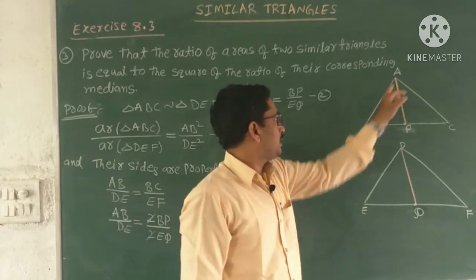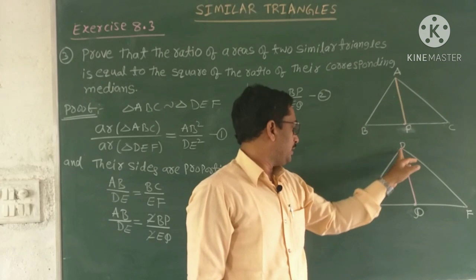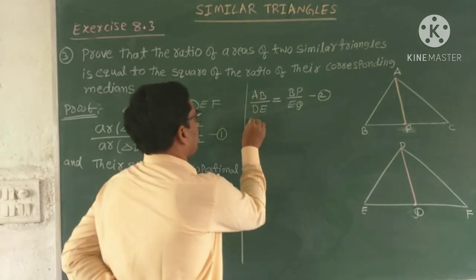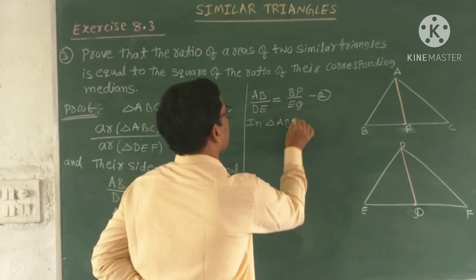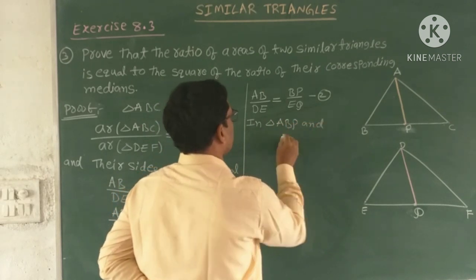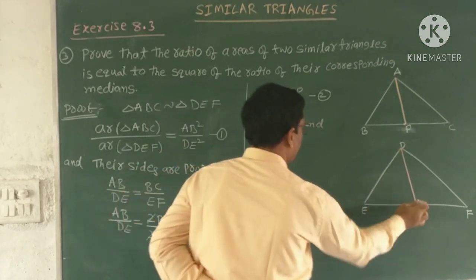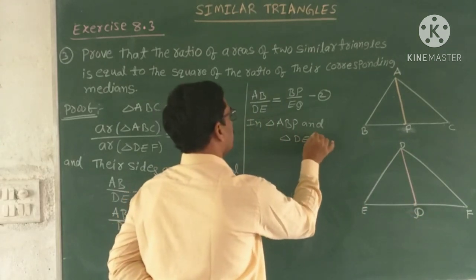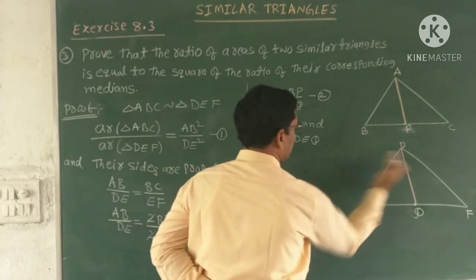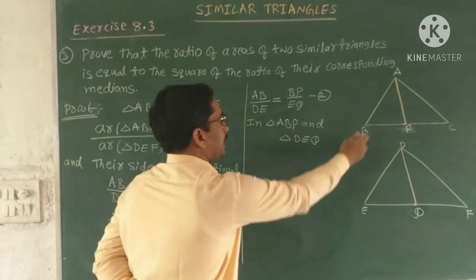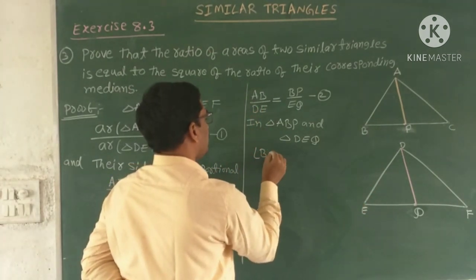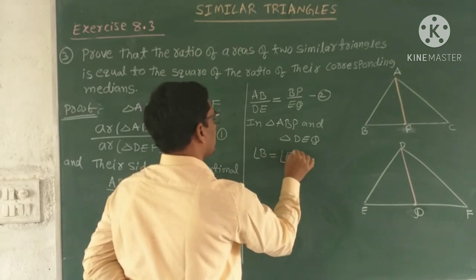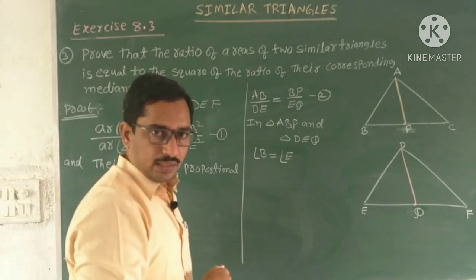Here I am selecting the triangles ABP and DEQ. So in triangle ABP and in triangle DEQ, angle B equal to angle E. Here I am going to prove these two triangles are similar.